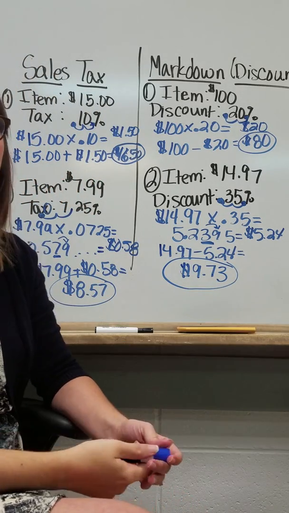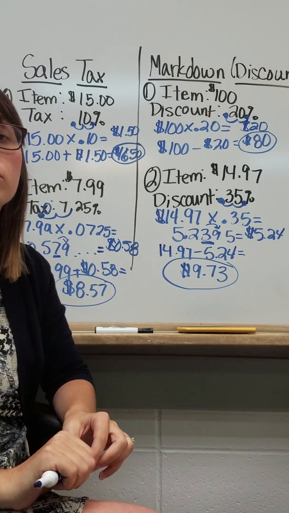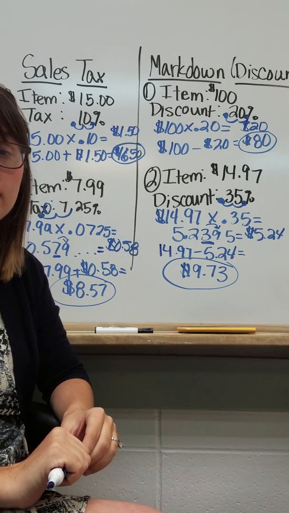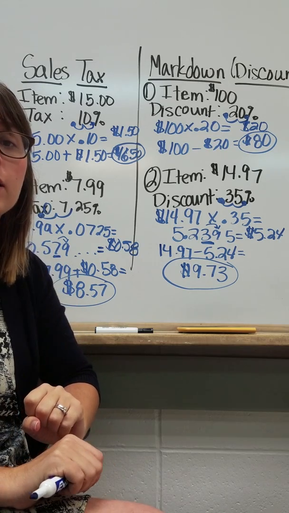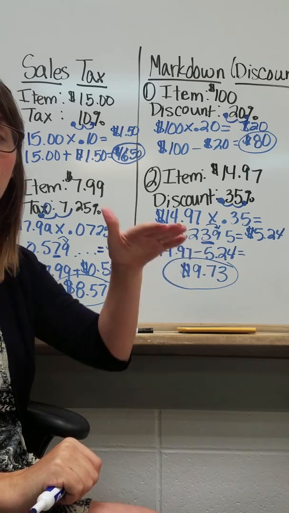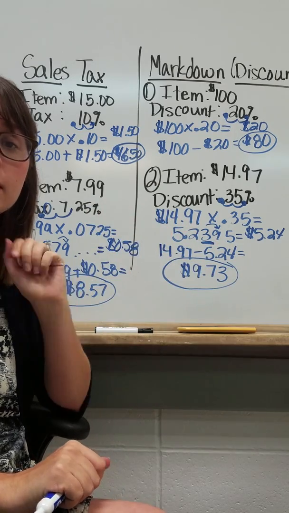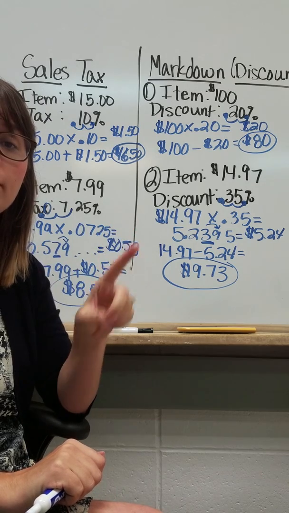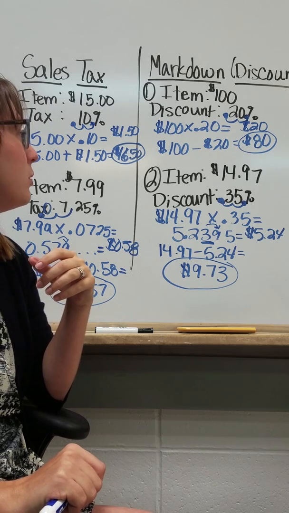Okay. So what you guys are going to be doing today is applying these 2 things to your school supply project. Okay. So you're going to go to step 2, which is calculating sales tax. You're going to find the total of your cost from each store, and then you're going to look up the sales tax for your city, which there's a link on there, or we will walk you through it.